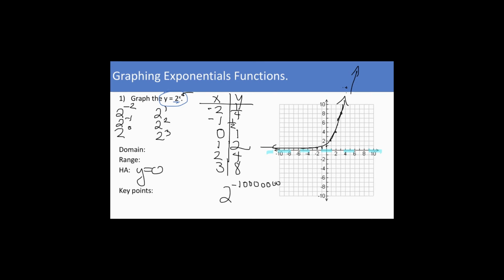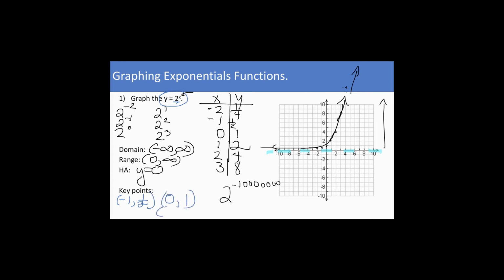What about our domain? All real numbers. Yes, we're writing it in interval notation. And our range is from 0 to infinity. Okay. So what are my key points now? And this is for transformations. I tend to use -1, 1/2, 0, 1, always.